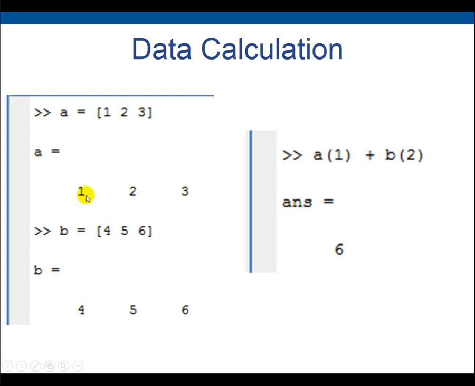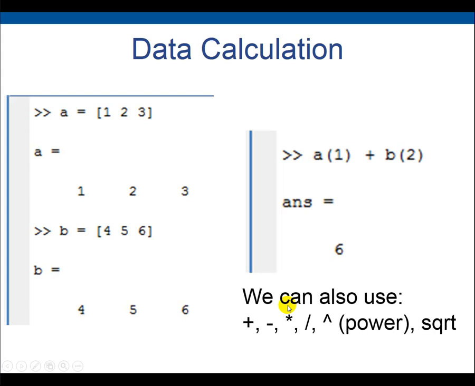The first element of A is 1, and we have 3 data for B, but the second element of B is 5, right? So 1 plus 5 is equal to 6, right? We can also use some other operators, not just plus, but minus, multiply, divide, square root, things like that.